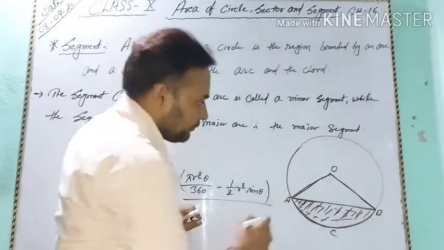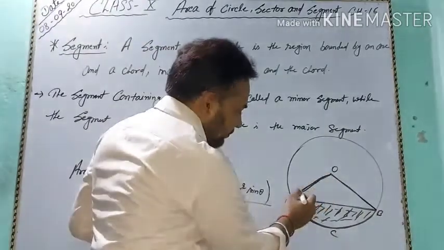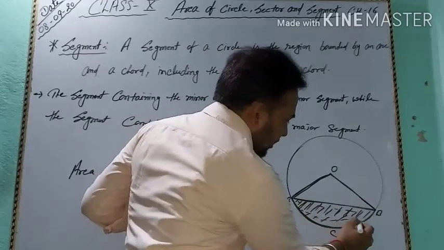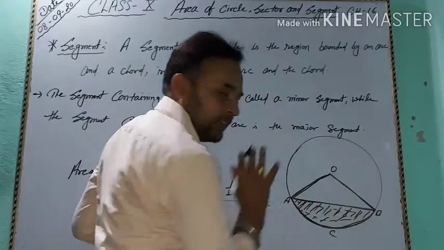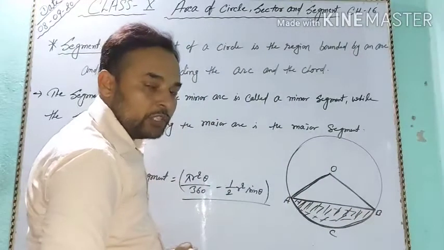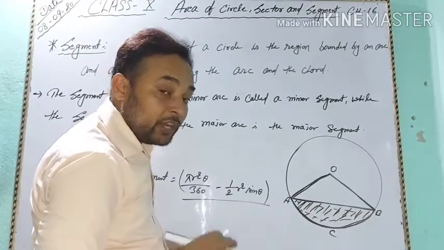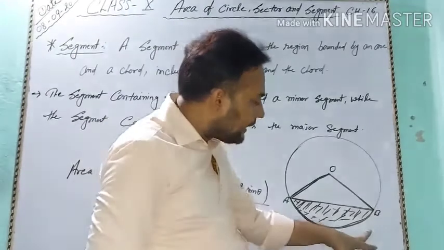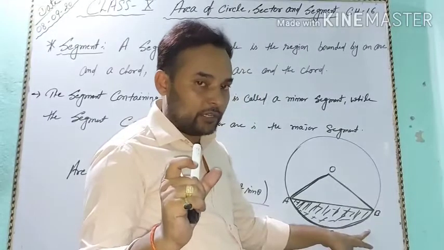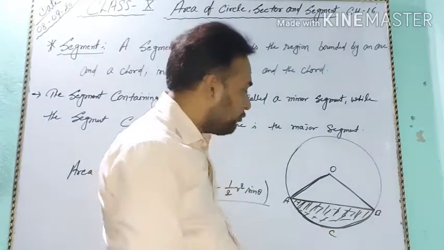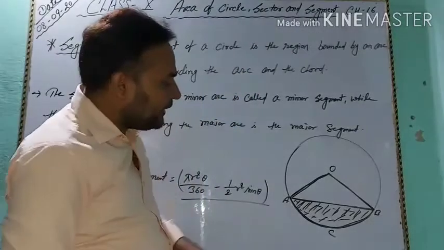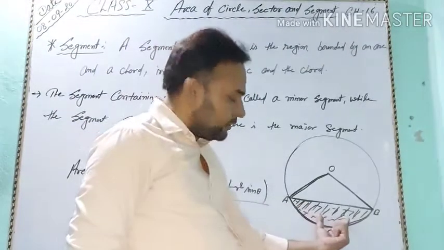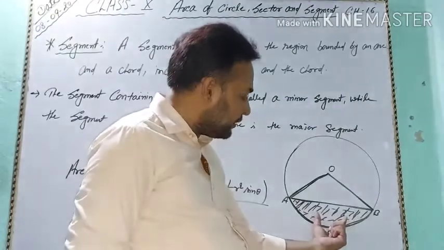This region is the sector of this circle, because the sector of the circle is the region of the circle which is bounded by an arc and the two radii of the circle. So find the area of the segment.